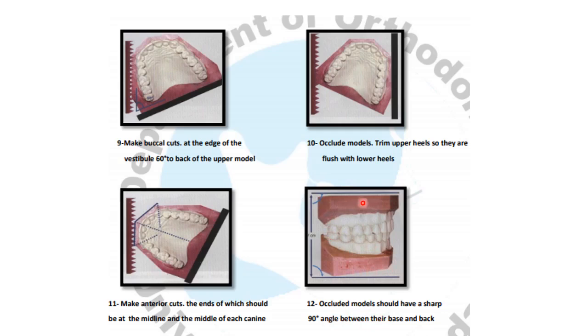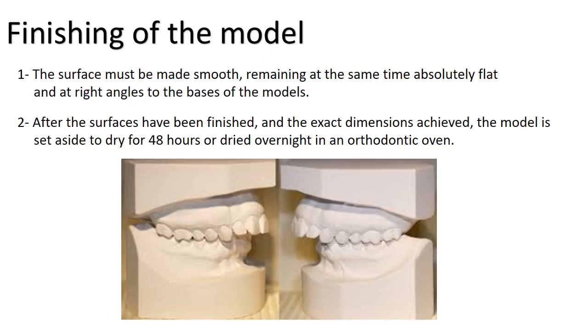So their bases are parallel, and they should have a 90-degree angle between the base and the back. So this is the way of trimming the study models. Finishing the models.